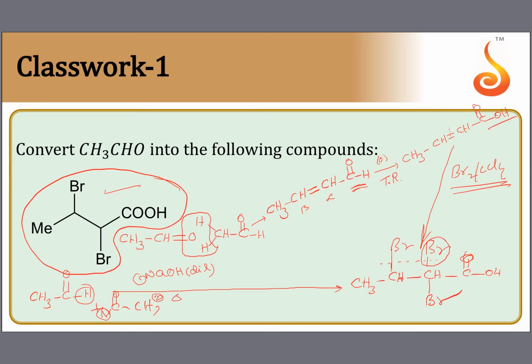First, acetaldehyde is subjected to aldol condensation to get the condensed product, alpha beta unsaturated aldehyde. Then oxidation of CHO into COOH by Tollens reagent. Then addition of bromine. So this is logical thinking. You are applying many concepts.